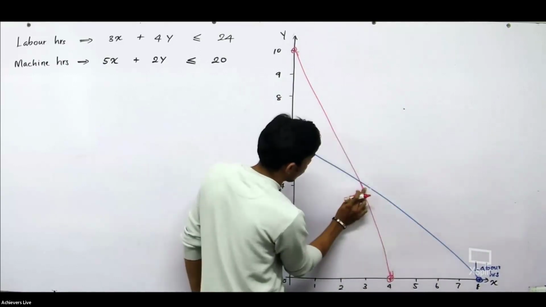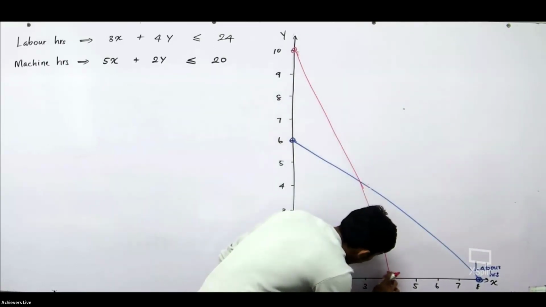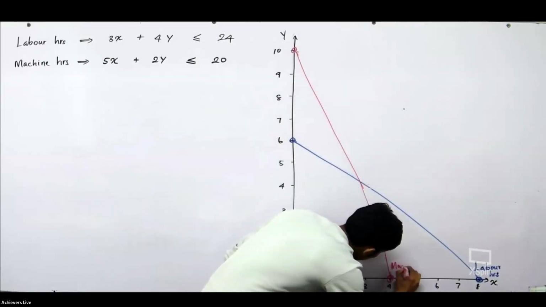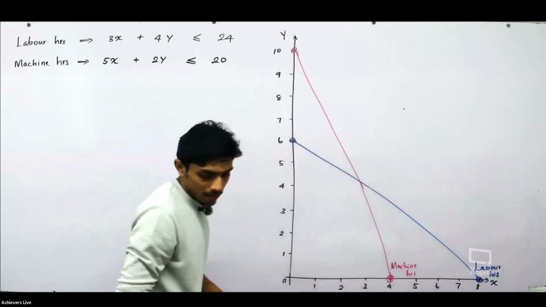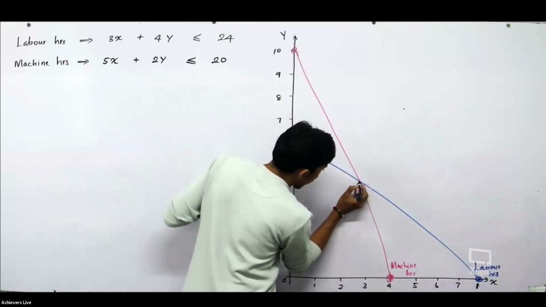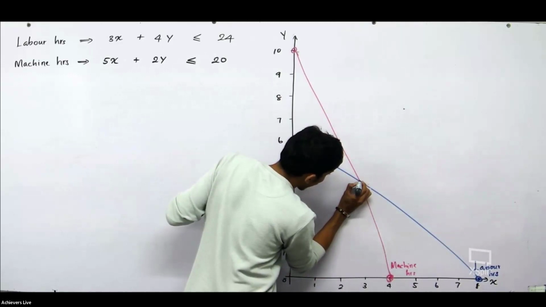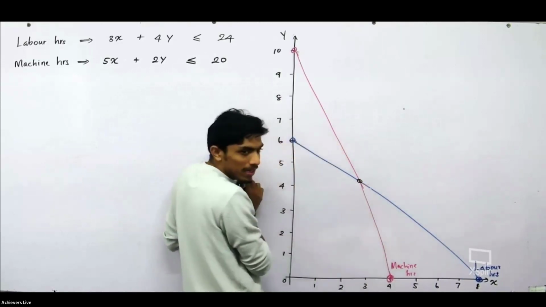Okay. Right. So now what is this line? This is your machine hours. Correct? Right. Now, what is this point? At this point, you are producing the mix of X as well as Y, right?